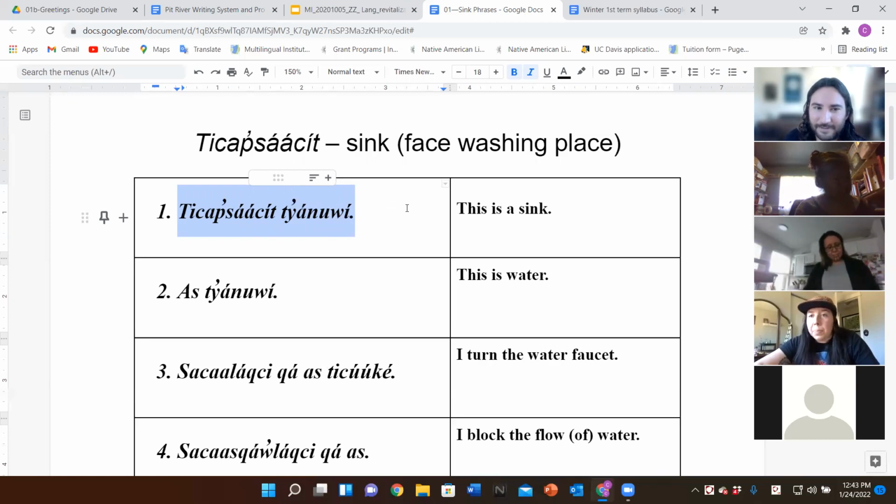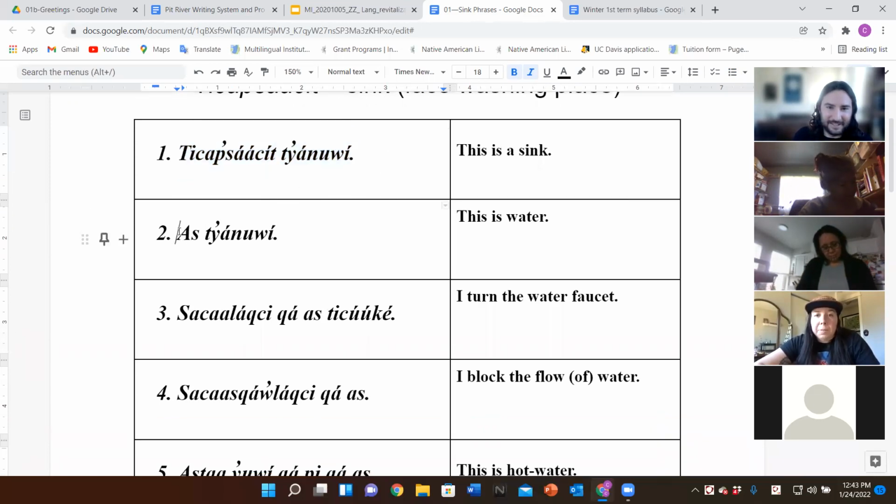Dijapsajit Tianui. There you go. All right, and then us Tianui. You want to give that a try, Tuea? Us Tianui. Ooh. And Kenwa, us Tianui.